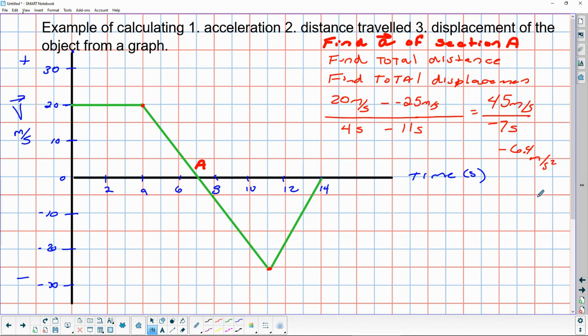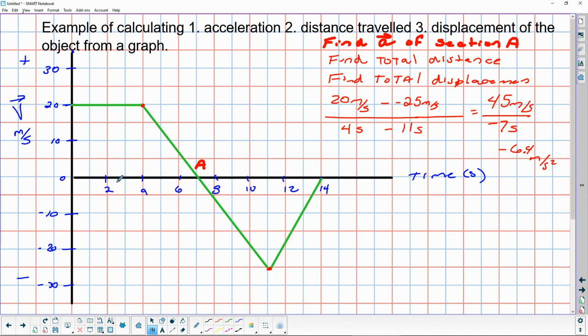Now to find the total distance and displacement, we need areas. The area under the curve is this part and this part. It's not this stuff here. When you're doing area under the curve, the important part is you're always taking the space between the graphed line and the x-axis.